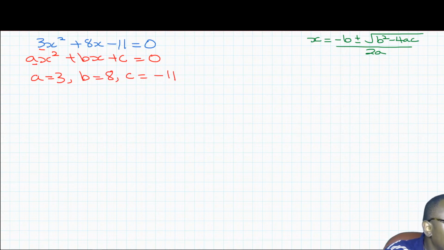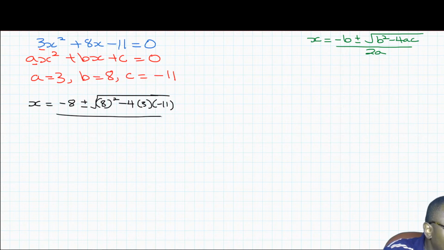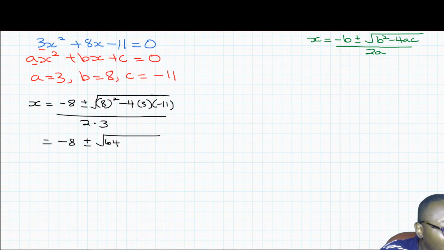Now that we have all of this, we can substitute into the equation. So we have x equal to negative b, so that is negative 8, plus or minus the square root of b squared, which is 8 squared, minus 4, a is 3, c is negative 11, and all of this divided by 2a, so that is 2 multiplied by 3. So now we have negative 8 plus or minus the square root of 64, and then we have negative 4 multiplied by 3 multiplied by negative 11.